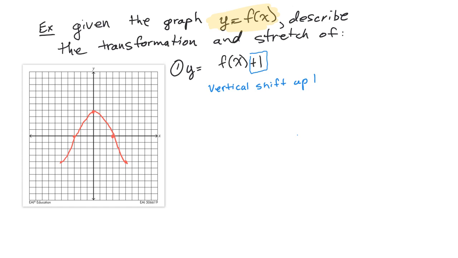And what I'll do is I'll graph that in green. So all of the key points of my graph are actually shifted up 1 spot.